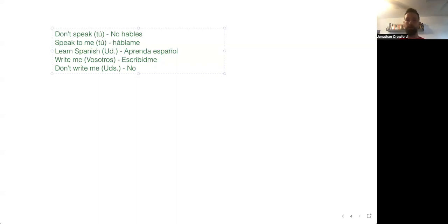It has to go before the conjugated verb. No me. Escribir is an IR verb, but it's ustedes, and it's a negative command. So we have to change the I to an A, and since it's ustedes, that R has to be an N. No me escriban. No me escriban.